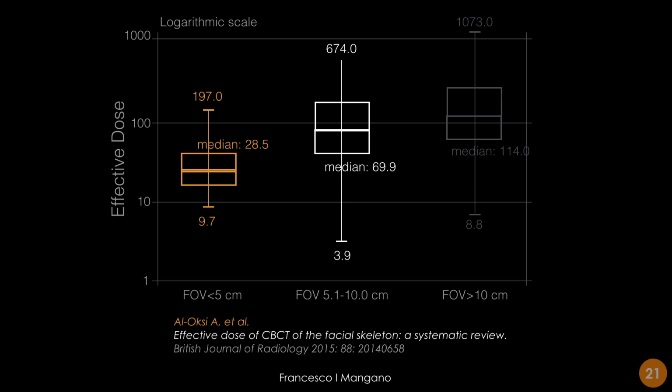The area that we are going to scan with our cone-beam computed tomography is also very important.